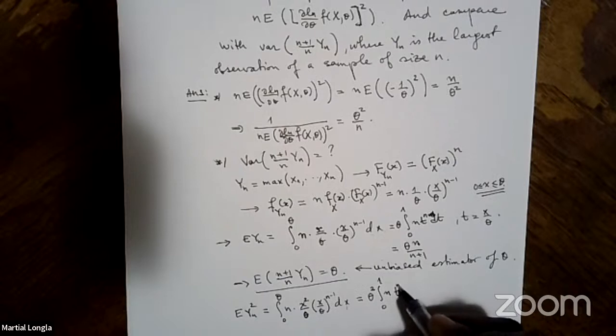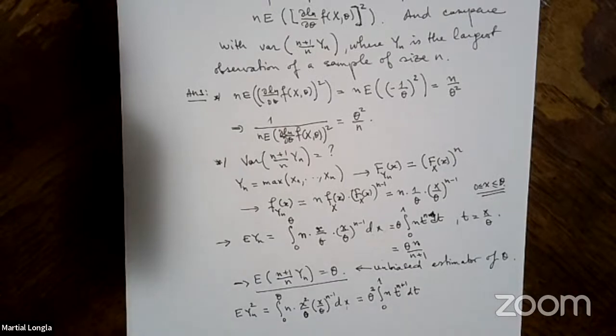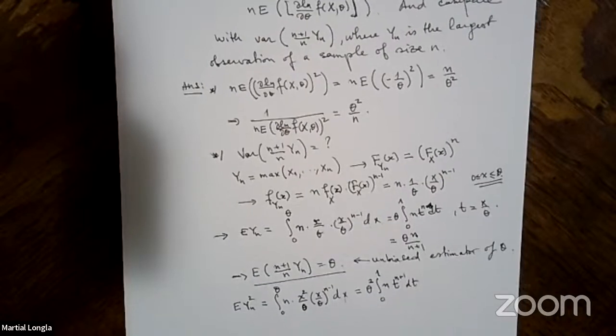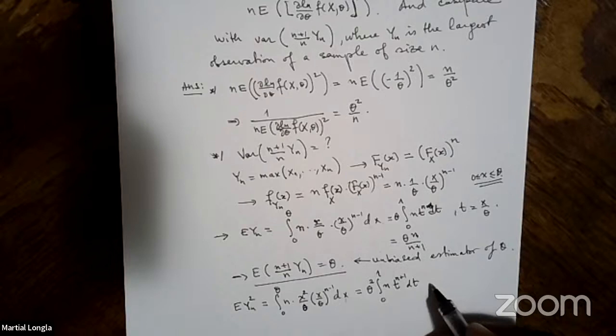So that's n plus 1 dt. And when you integrate this thing, that's going to be n over n plus 2. So you get theta squared n over n plus 2.